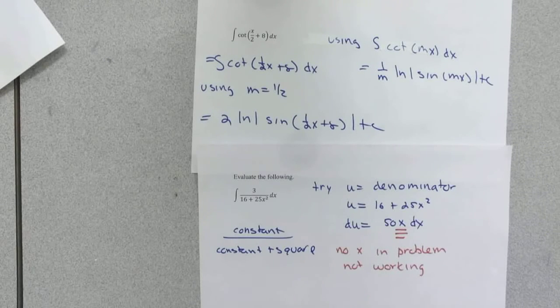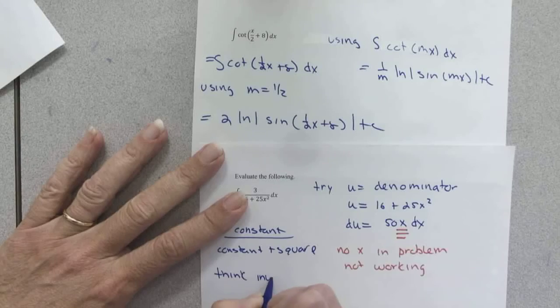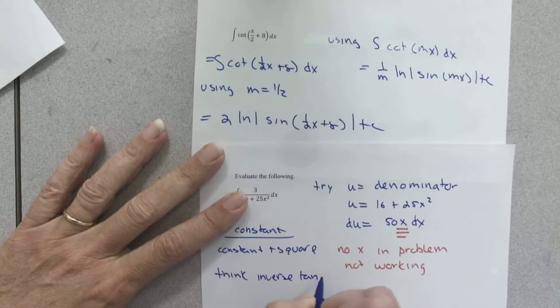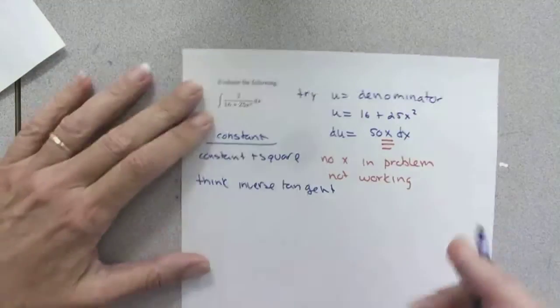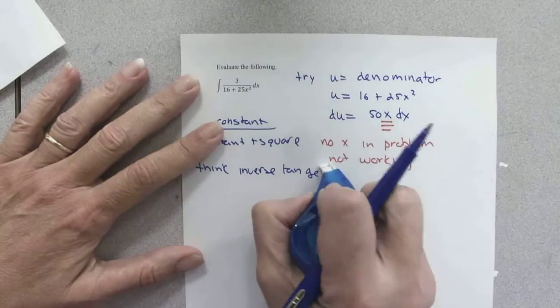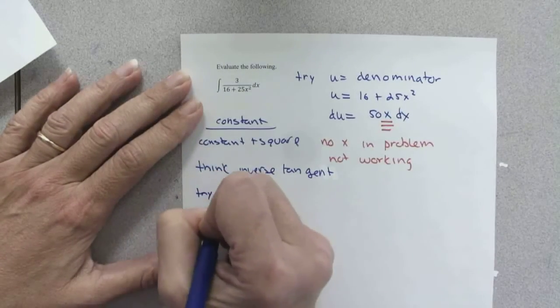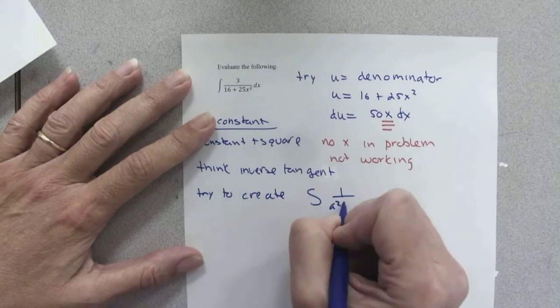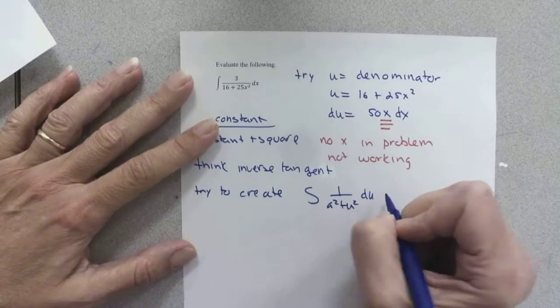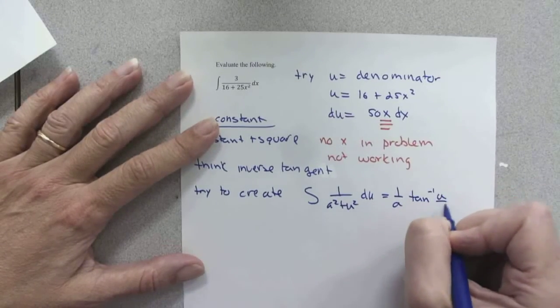Then I have another number and a square. Think inverse tangent. And try to create one over a squared plus u squared du, which integrates to 1 over a tan inverse u over a plus c.